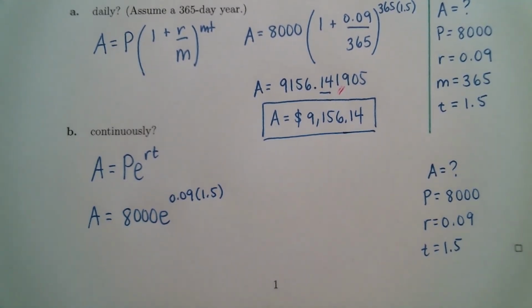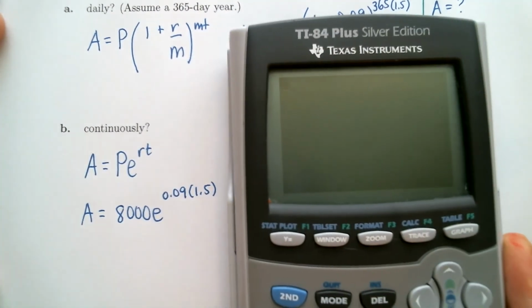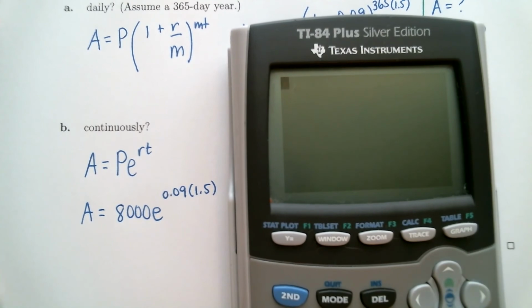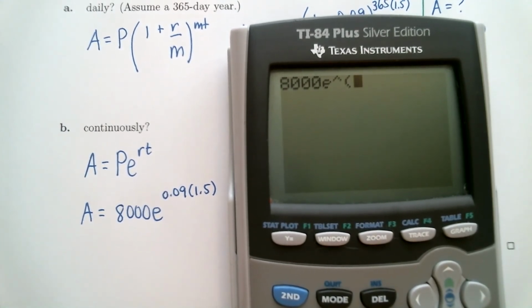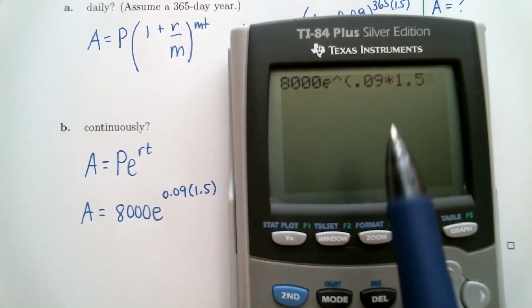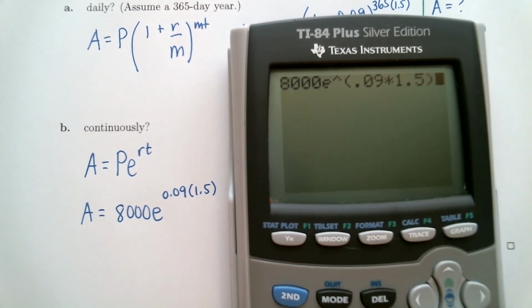All right, so let's plug this in and see how it compares to compounding daily. Okay, so we're going to do 8,000, okay, times E. So I'm going to do second natural log to raise E to a power here. Okay, and we're going to get 0.09 times 1.5 is my exponent. This is R times T, close the parentheses.